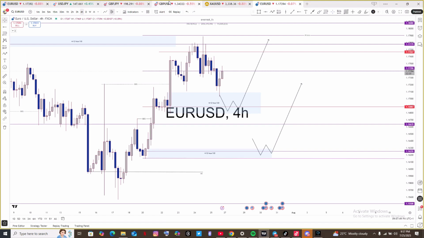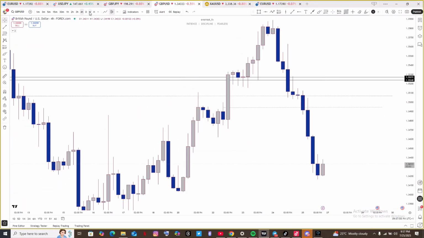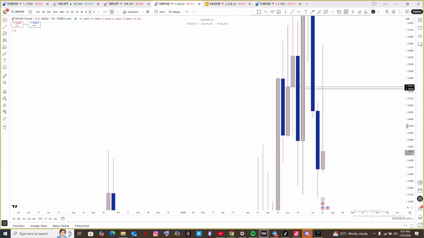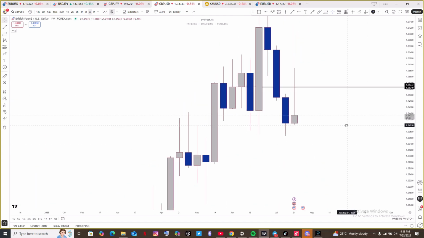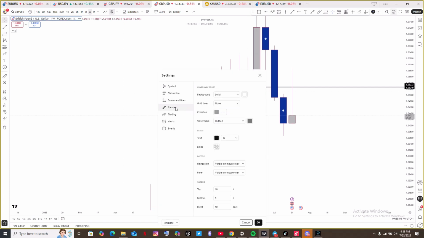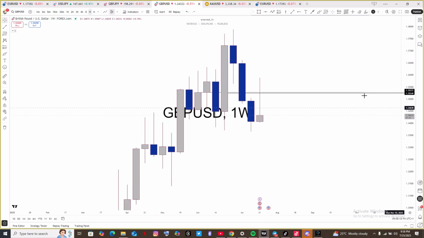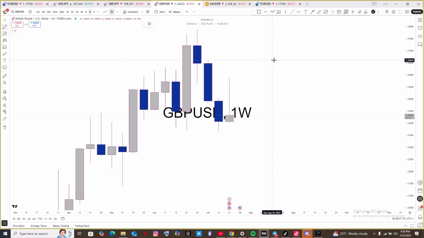Next, I'll be looking at GBPUSD. So as usual, start with our weekly time frame to see where price is reacting to, and to know the areas where we should stay away from. So this is our previous week high.